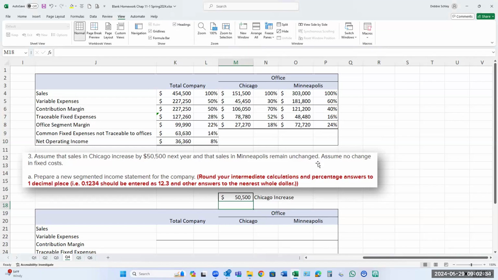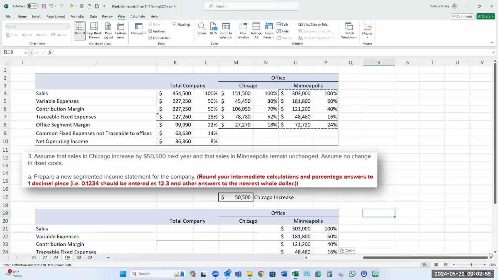So the sales in Minneapolis remain unchanged. Assume no change in fixed costs. So I need to prepare a new segmented income statement for the company. So Minneapolis remained unchanged, so I'm going to copy and paste Minneapolis.